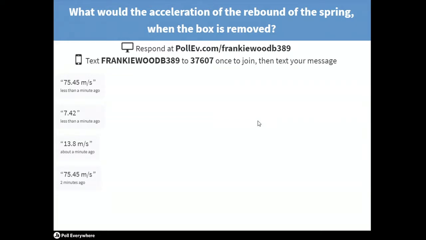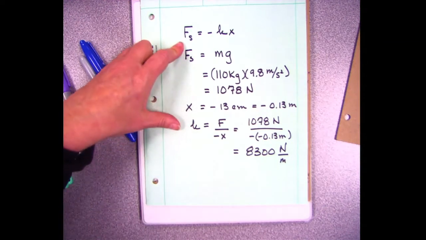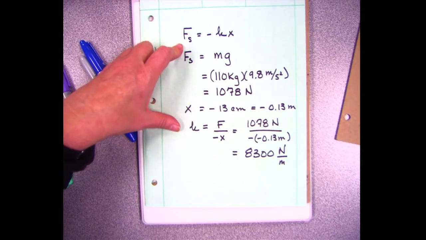All right, I'm going to switch over to the document camera. You guys can kind of think through this a little bit. That was the spring constant that we started with. I could go through the calculation, or I could do something a little different. This is my force equation for a spring.